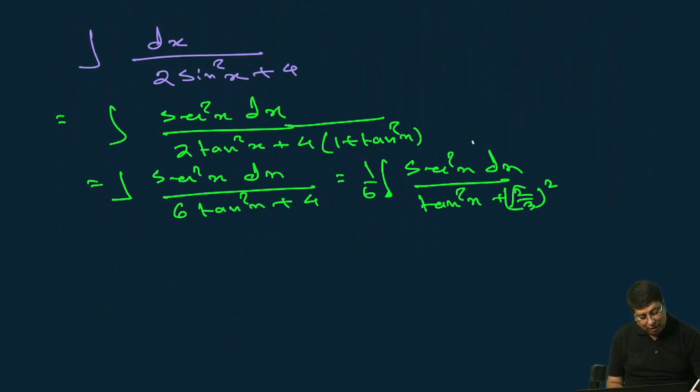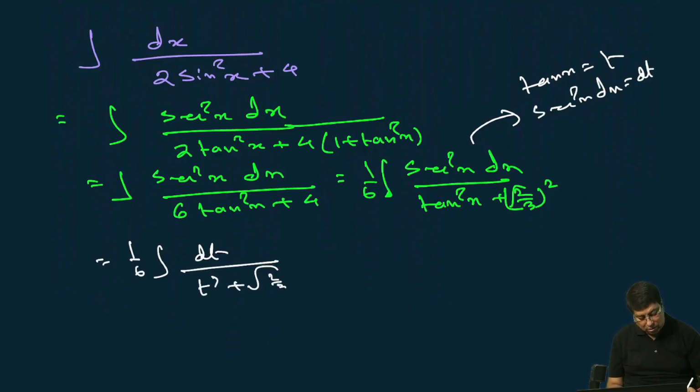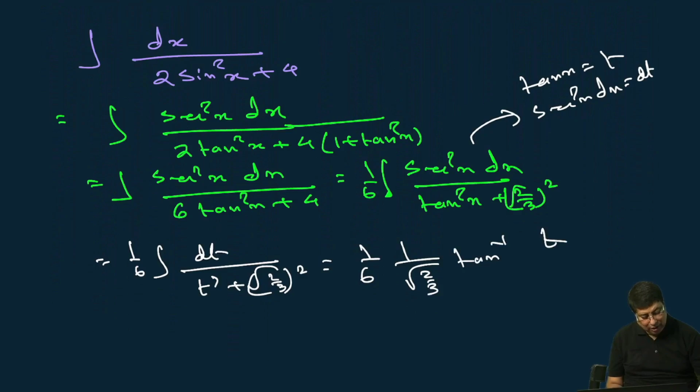Now I can write that tan x equals t. Therefore, sec square x dx equals dt. Therefore, 1/6 dt by t square plus root 2 by 3 whole square, that is 1 by a tan inverse x by a plus c.